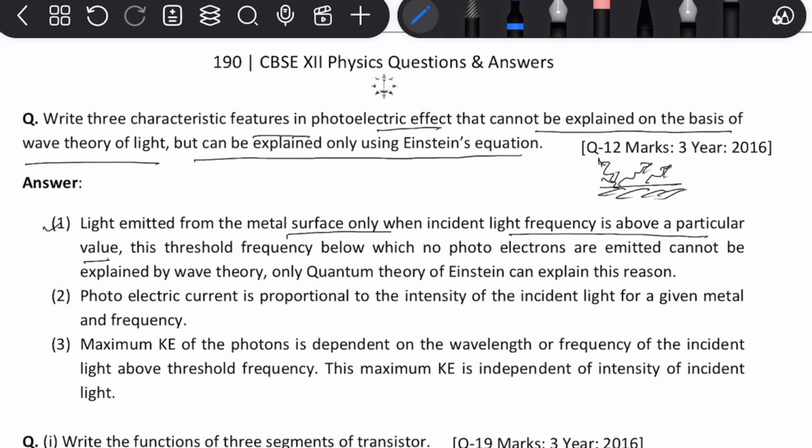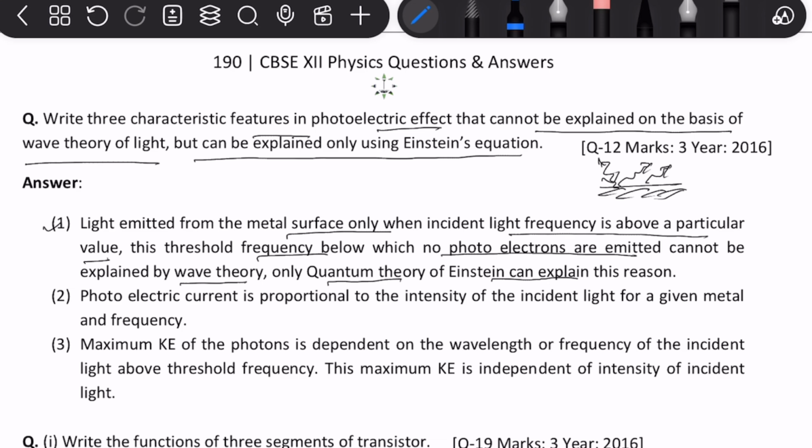This threshold frequency, below which no photoelectrons are emitted, cannot be explained by wave theory. So only the quantum theory of Einstein explains this. Threshold frequency based photoelectron emission cannot be explained by normal wave theory.